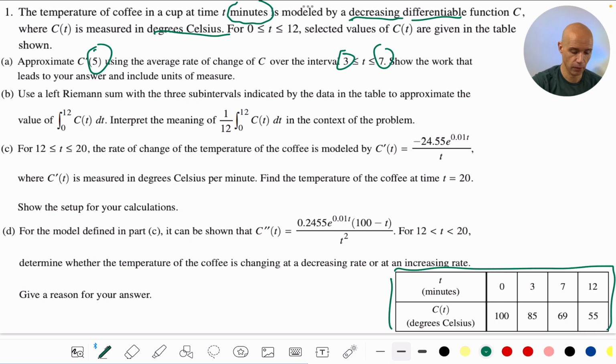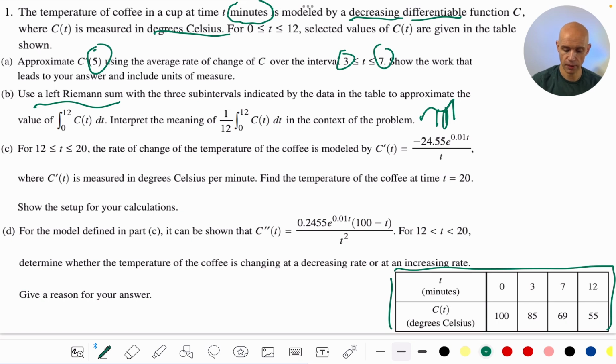Use a left Riemann sum. Well, this is a lot of wording. Riemann was a great mathematician, a disciple of Gauss, but the left Riemann sum means that we approximate the integral by the sum of different rectangles, and we take the value of the height of the rectangle. When you have a function, you may not have perfect rectangles. It's like a trapezoid.